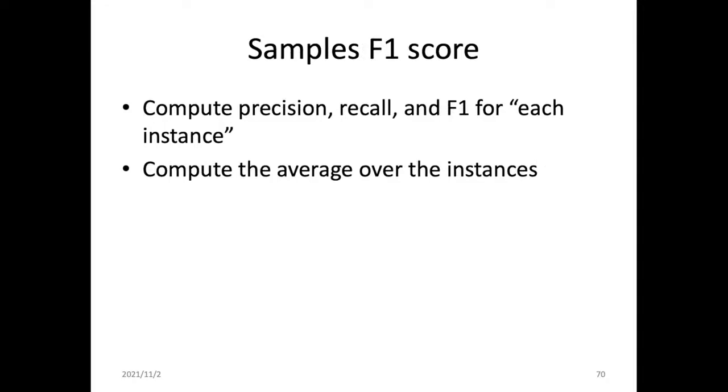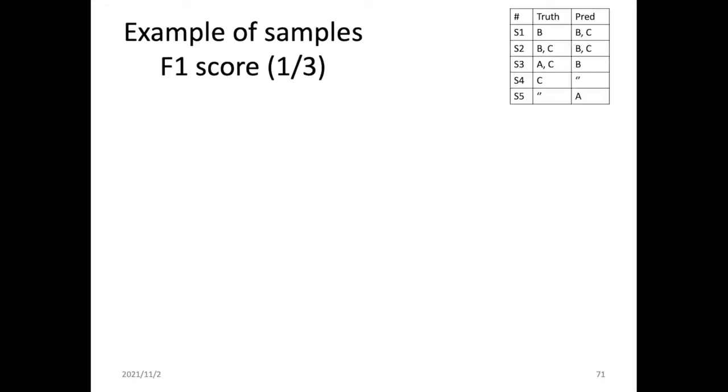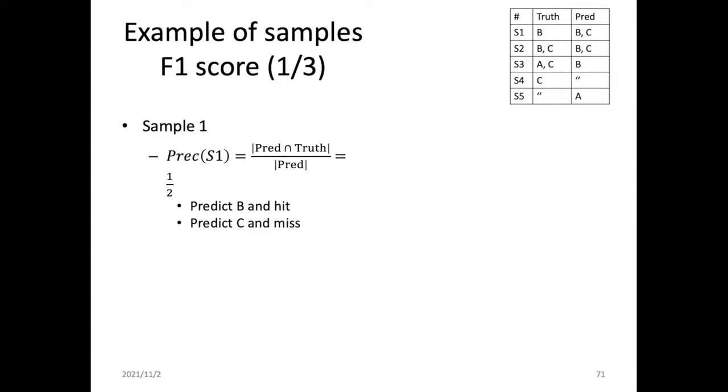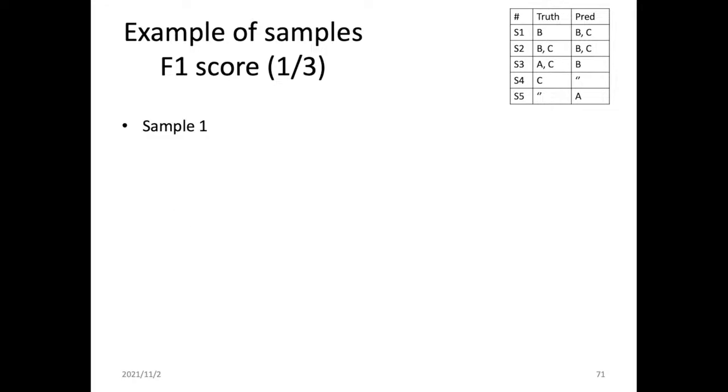We will introduce something called the simplest F1 score. We use this as an example to illustrate it. Essentially, we need to compute the precision, recall and F1 score for every sample and then average them. That's why it is called simplest F1 score.